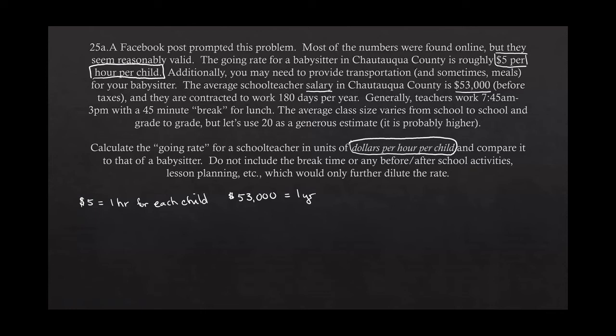And they're contracted to work 180 days per year. So again, for that teacher, 180 work days is equal to 1 work year, if you will. So maybe I'll add that on these so we're not confused. 1 work year, 180 work days.